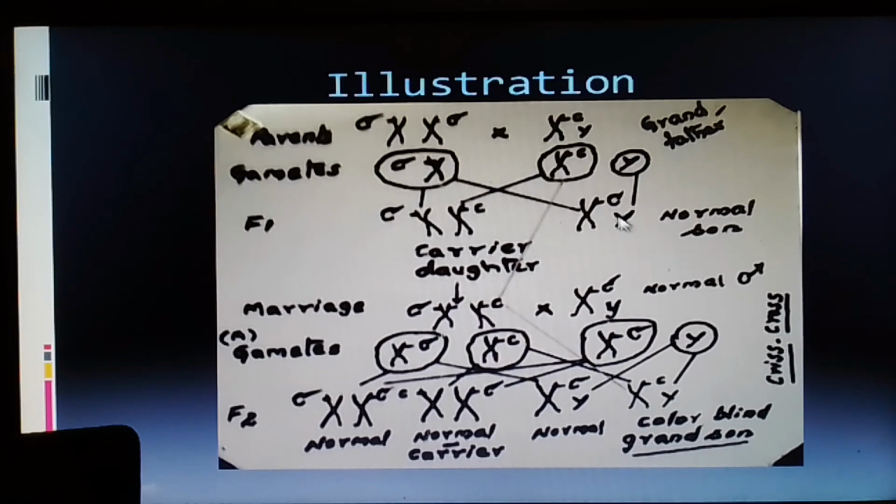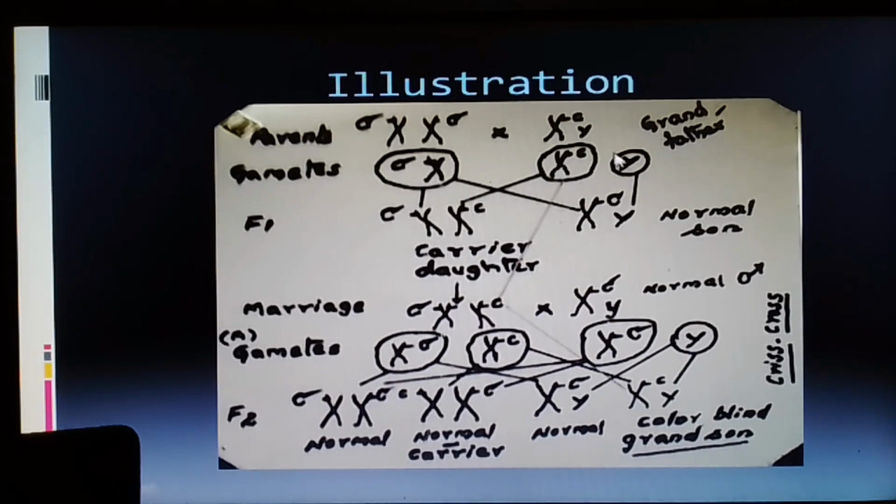And the brother, you see, has one X chromosome and one Y. This X chromosome is received from his mother, and the mother carries capital C only. And Y has no importance for carrying the gene here.